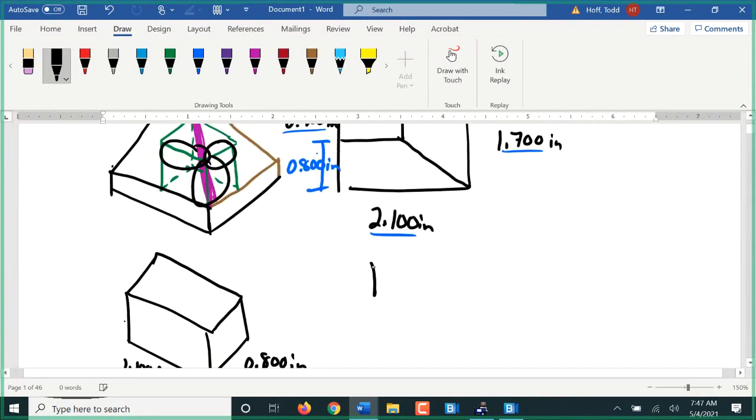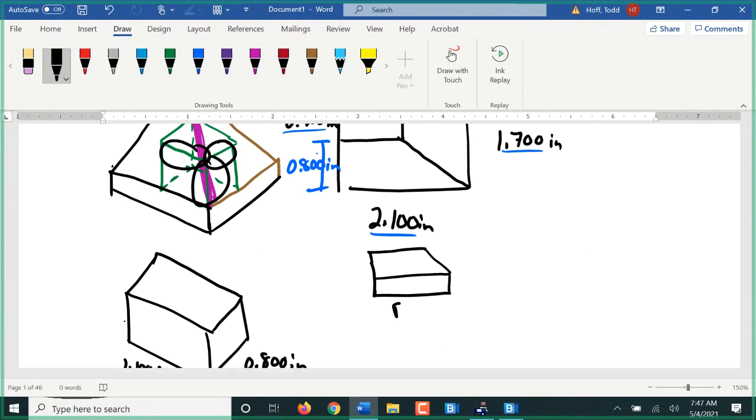Our front view of this is going to look something like that. And our side view or end view is going to look like that. A little bit better.